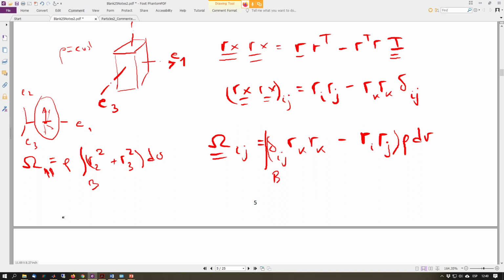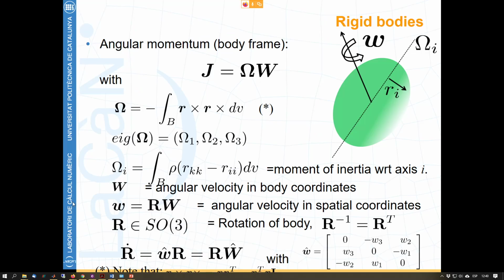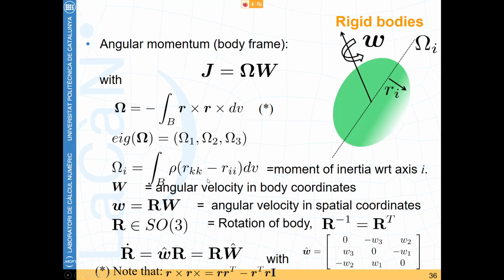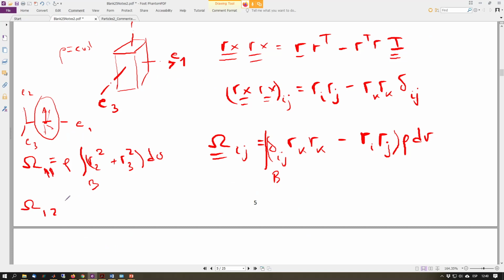If we would like to compute component 1,2, just following this equation, we have the same integral on our body, but we will not have a distance because we are not on the diagonal, just R1 R2. So it's the integral over all the positions given at position 1, and the integral over all the 2 components.